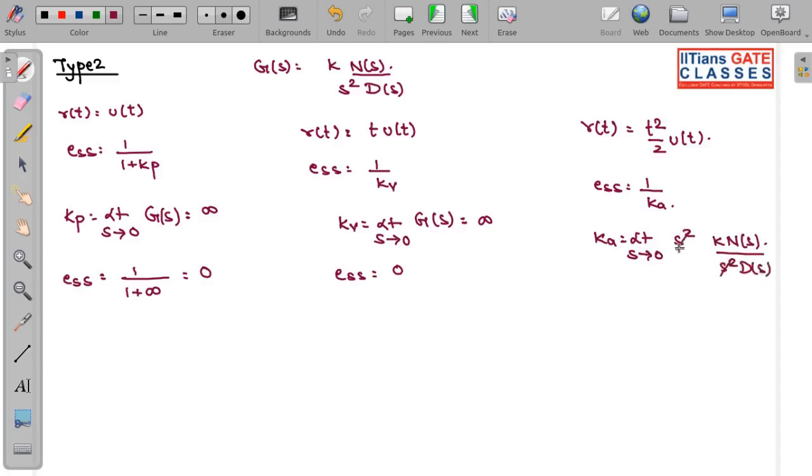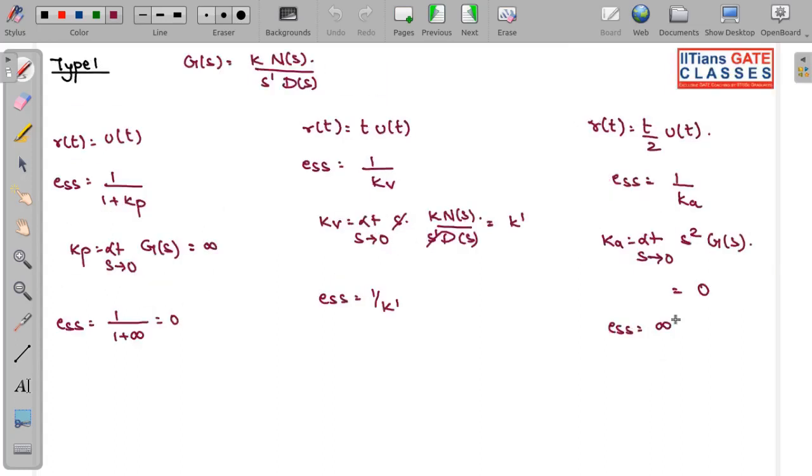So s square cancels, and this will come out to be a finite value of K. So steady state error will be 1 divided by K dash. So your ess will be finite for a type 2 system when you apply a parabolic input, and for all the other standard inputs, your steady state error will be 0.